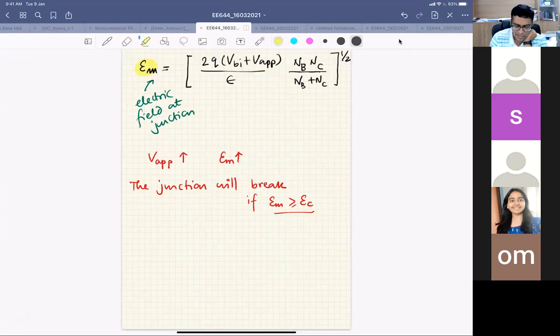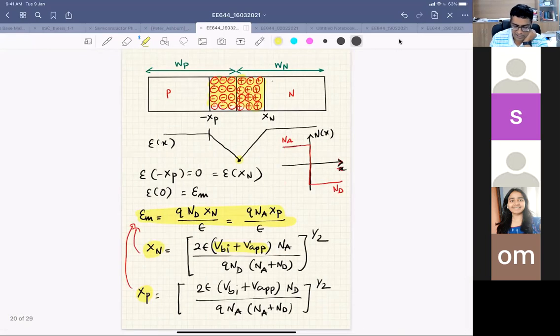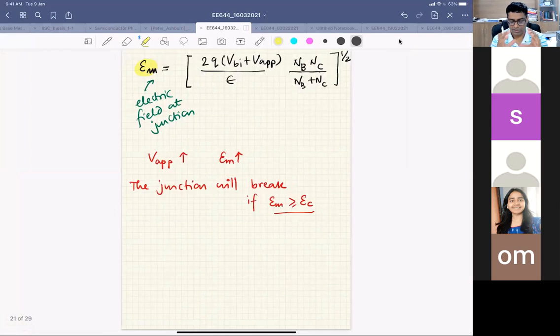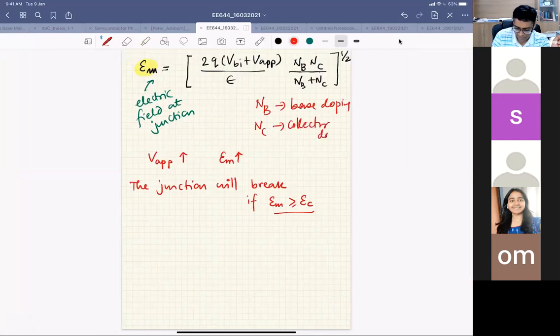Here NB is the base doping, the doping in the base side, and NC is the collector doping. The assumption is that NB and NC are constant in the base and collector.